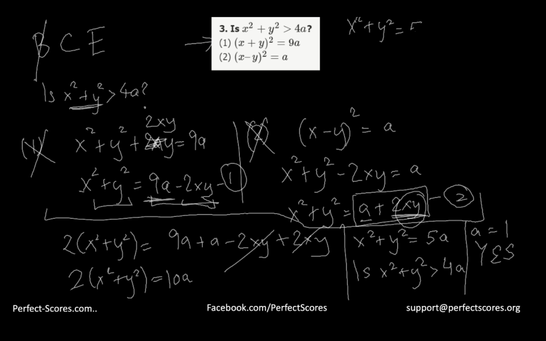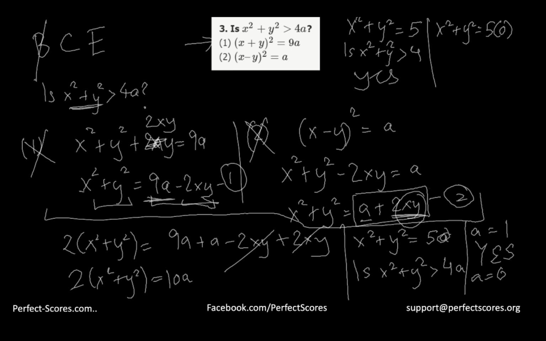Is x square plus y square greater than 4? Yes. But what if a is 0? If a is 0, then x square plus y square is equal to 5 times 0. And is x square plus y square greater than 4 times 0? No, because it's actually equal to it.